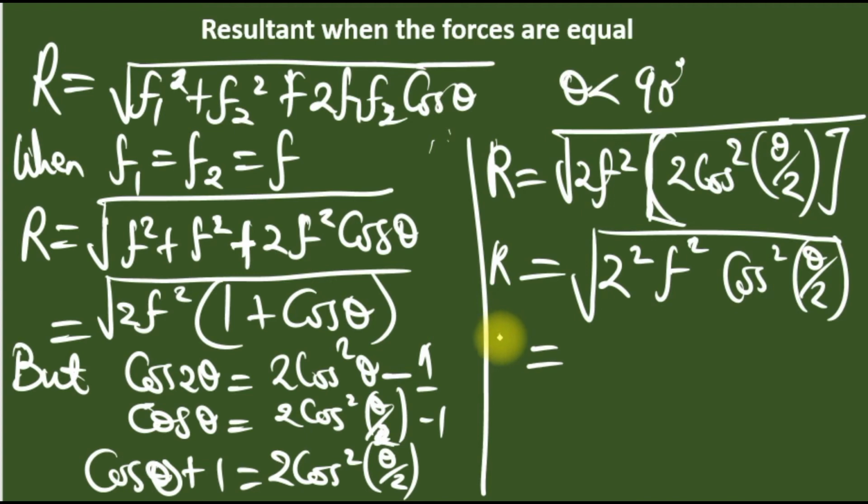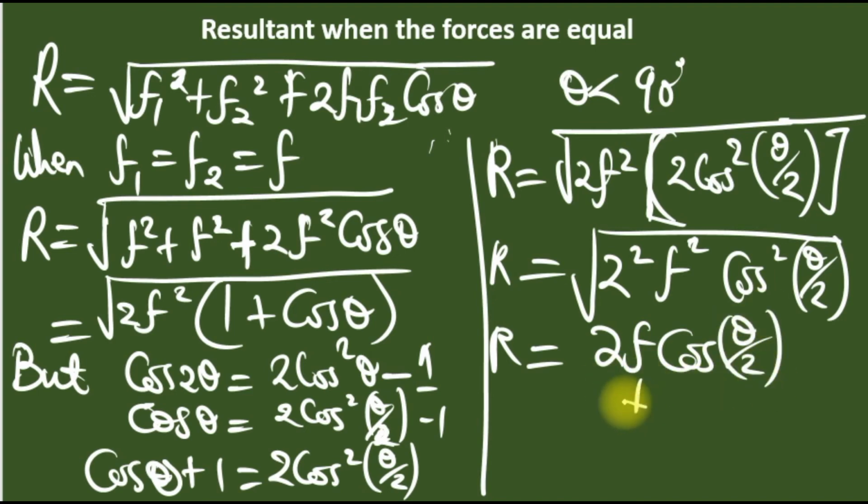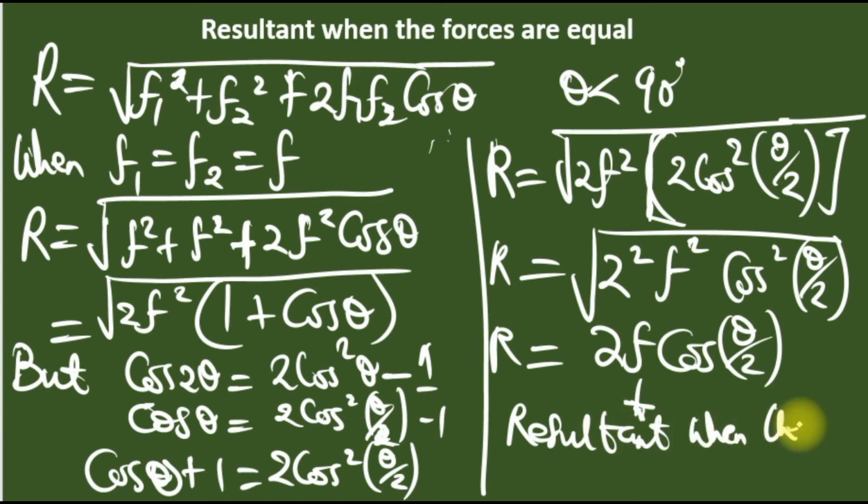So now our resultant is: square root of 2 squared is 2, square root of F squared is F, square root of cos squared is cos. So this is now the resultant when the forces are equal. Whenever the forces are equal, you use this formula.